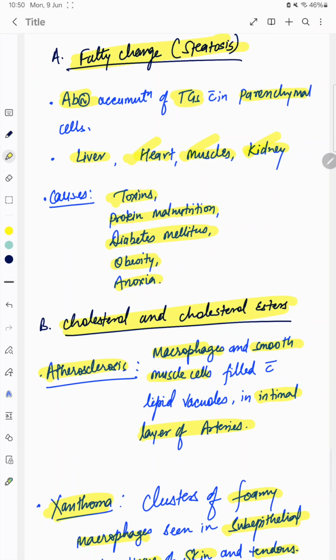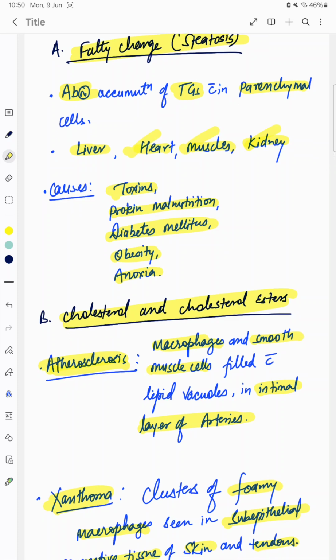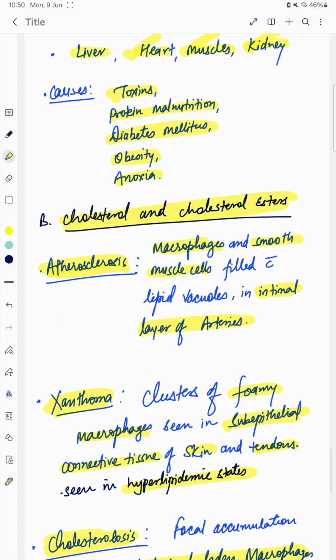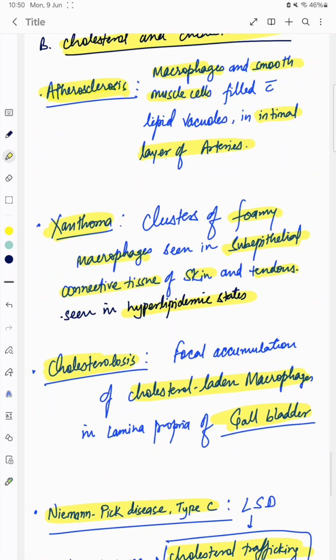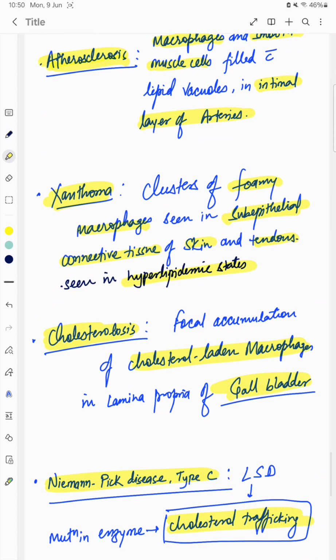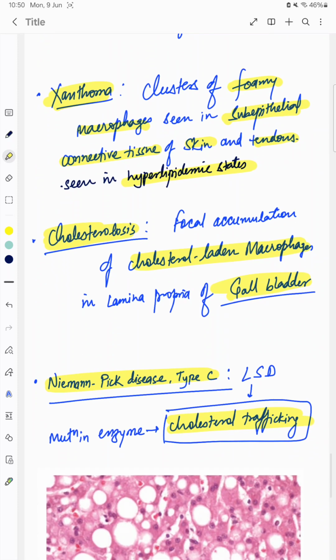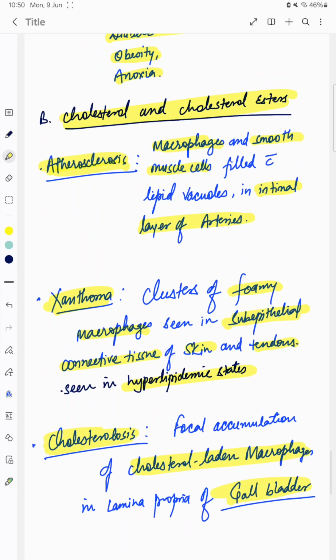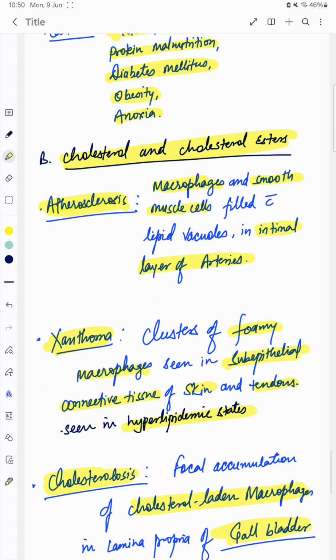Cholesterol and cholesterol esters. Accumulation of cholesterol esters is seen in many examples like atherosclerosis, xanthoma, cholesterolosis and Niemann-Pick disease type C. First we will see atherosclerosis, in which lipid vacuole-filled macrophages or smooth muscle cells are seen in the intimal layer of the arteries.